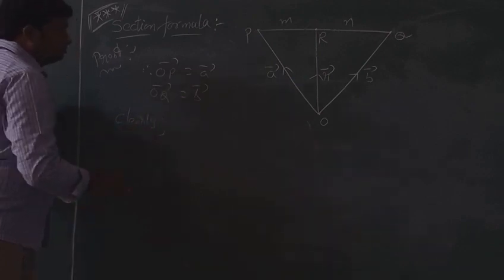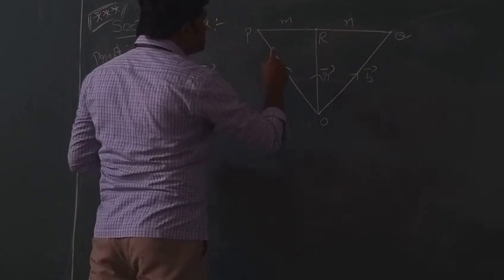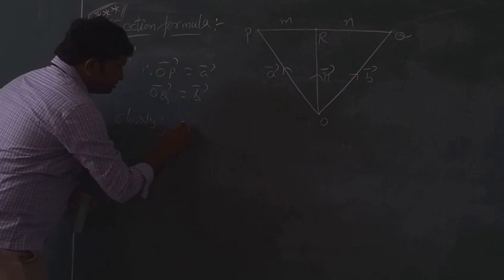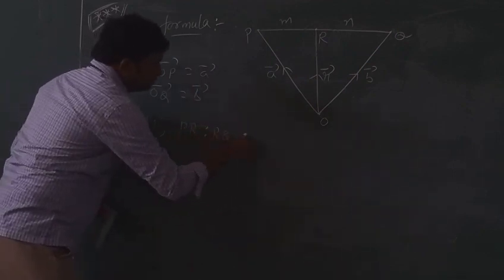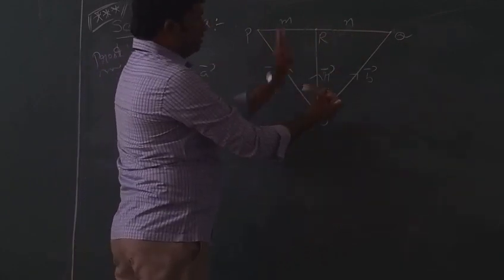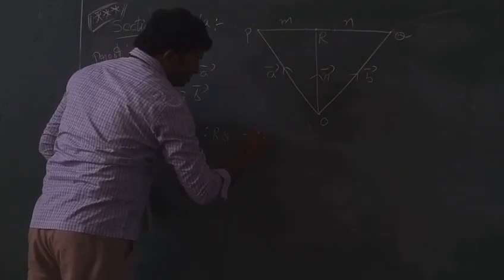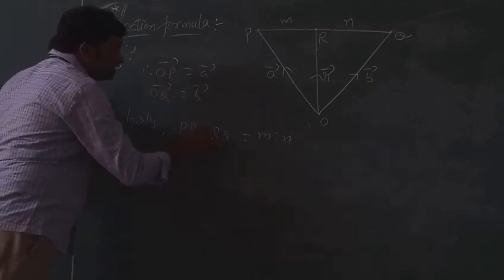Clearly, the point R divides the segment in the ratio PR is to RQ, and the given ratio is M is to N. What is the meaning of ratio?